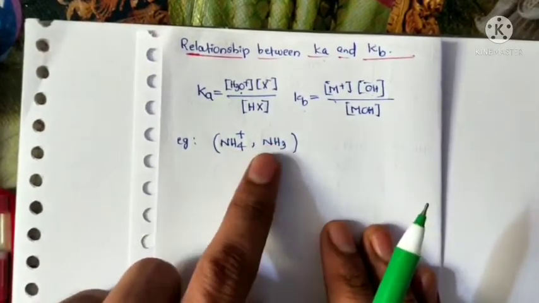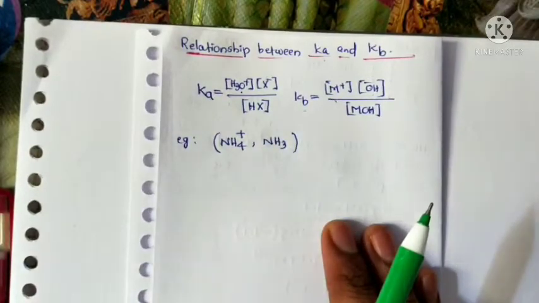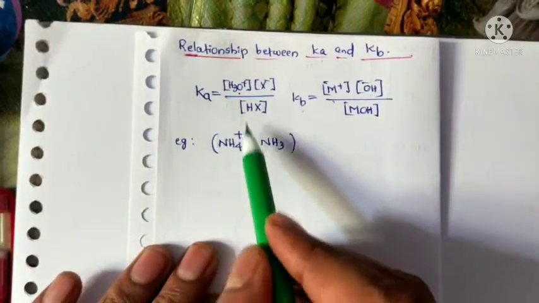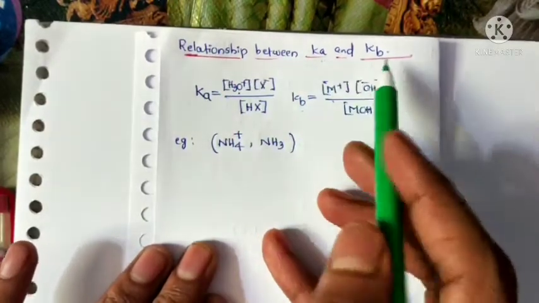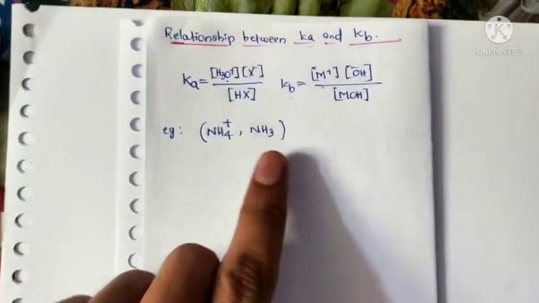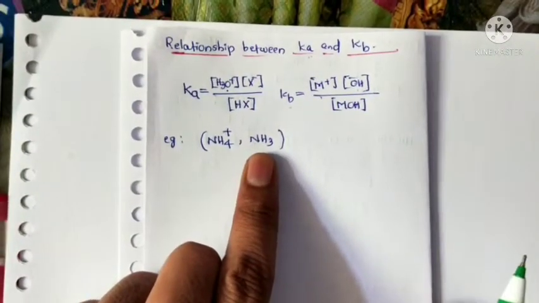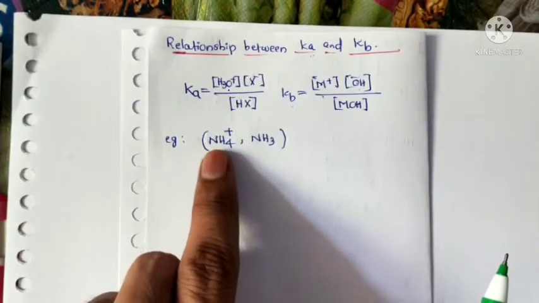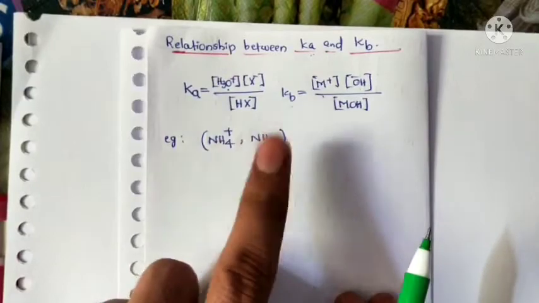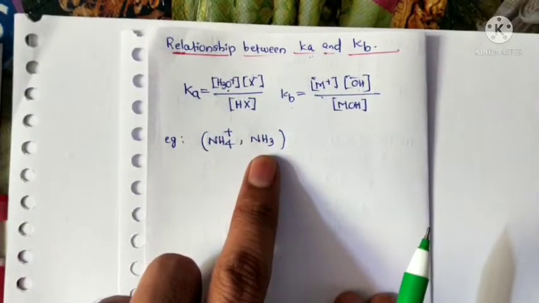That's why this pair is called a conjugate acid base pair. Now we will discuss the relationship between Ka and Kb. One is a base, and the ammonium ion is the conjugate acid of ammonia.